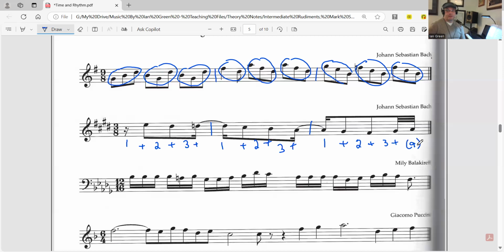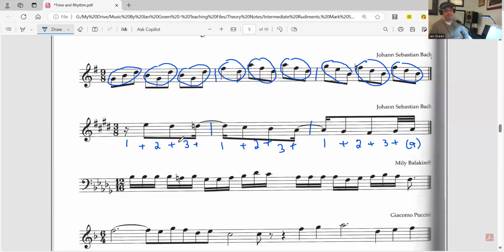In 3/8, the eighth note gets the beat, so 2 16th notes equals an eighth note, and 4 32nd notes equals an eighth note, which we'll get into in another tutorial on irregular and uncommonly seen types of rhythmic values.